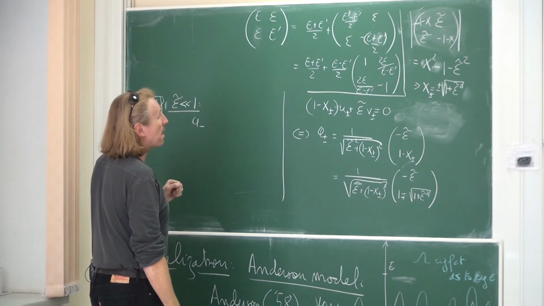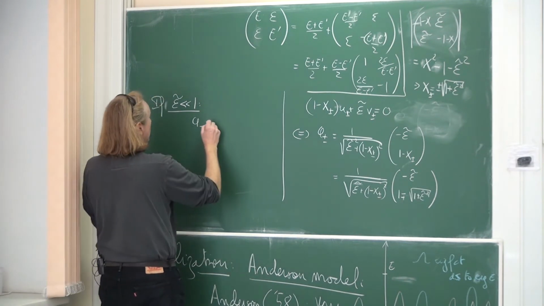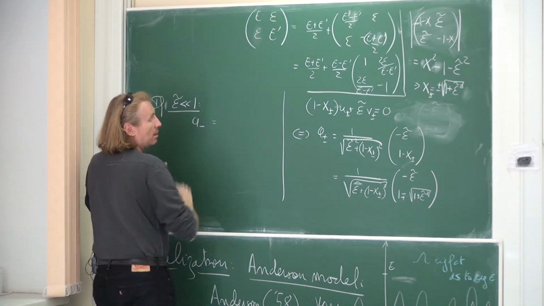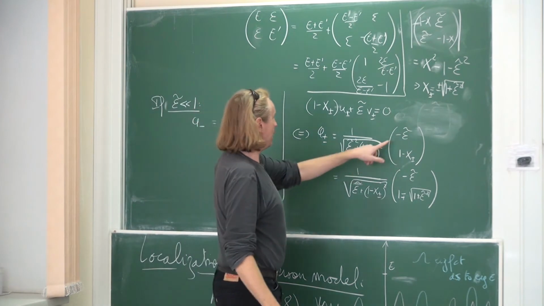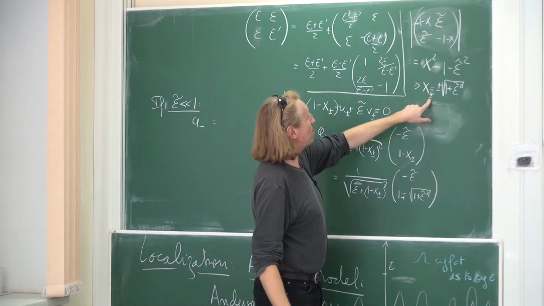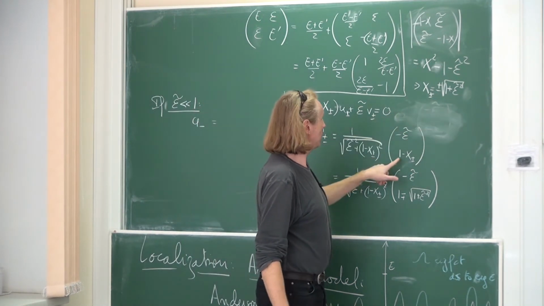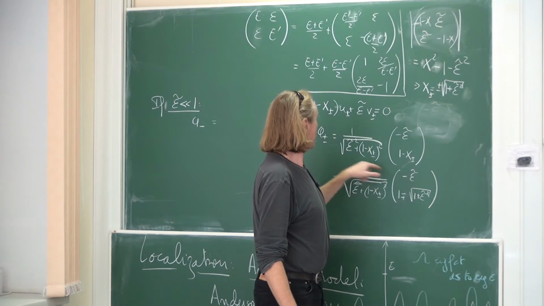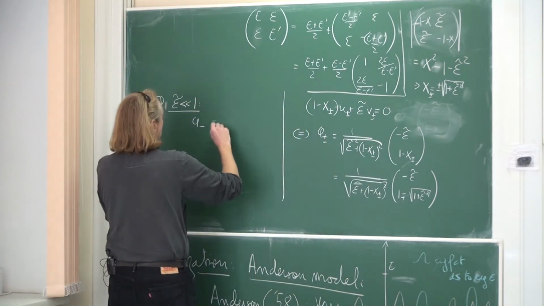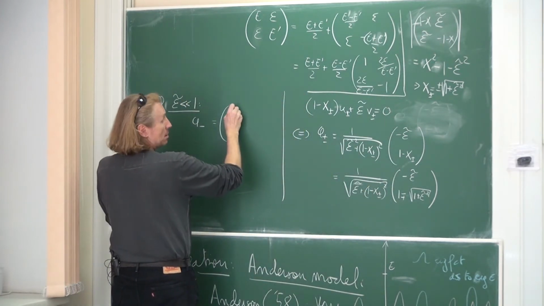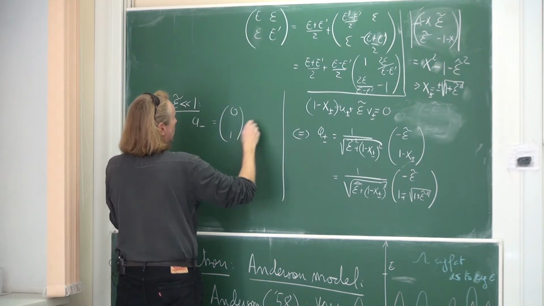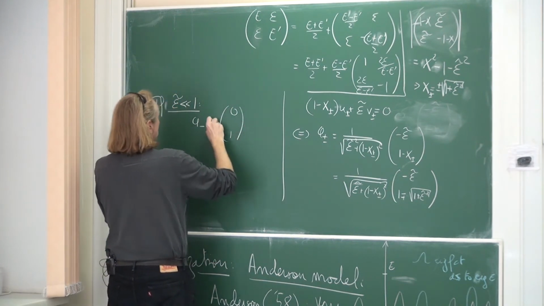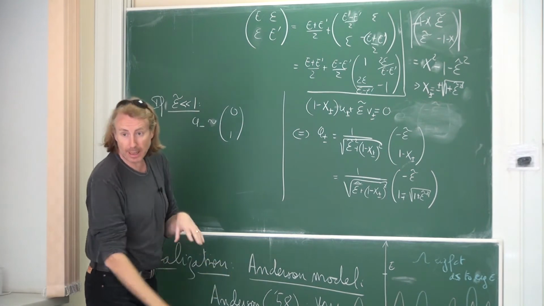What do I get here? Phi minus, so x minus is minus 1, right? So this is looking like 1 minus minus 1 is minus 1, and here it looks like 0, 1, roughly 0, 1, okay?